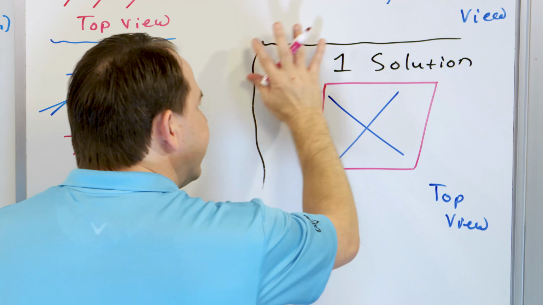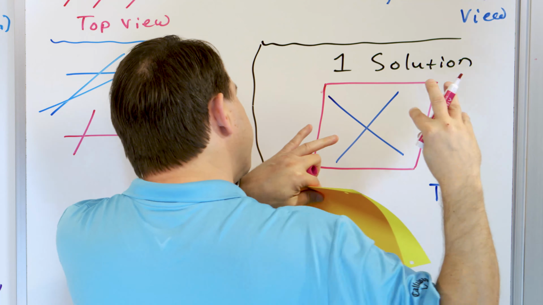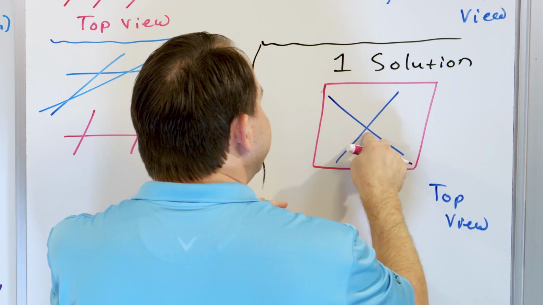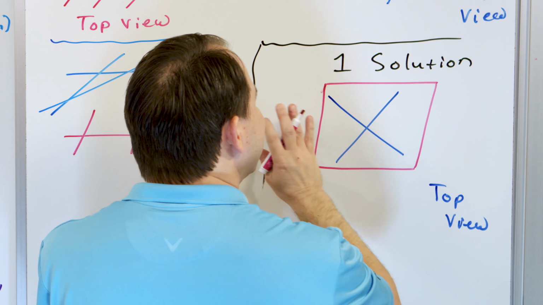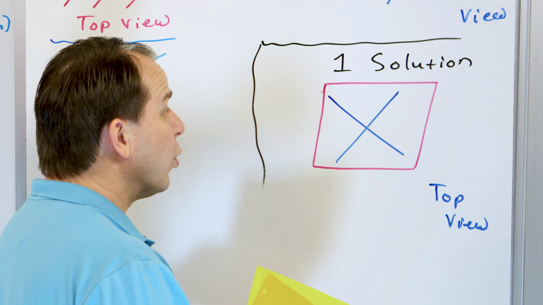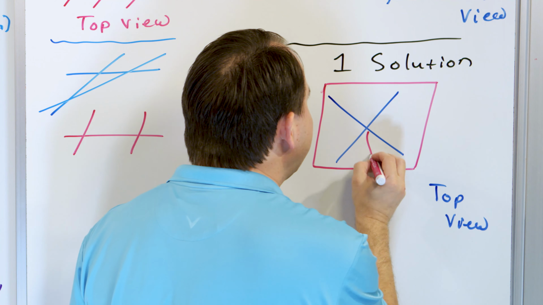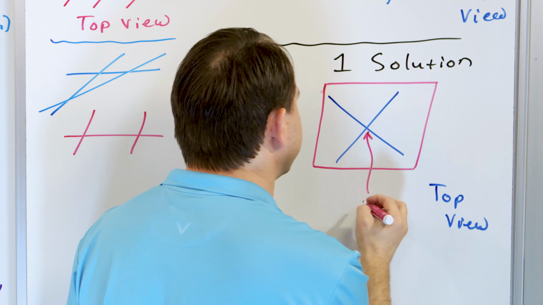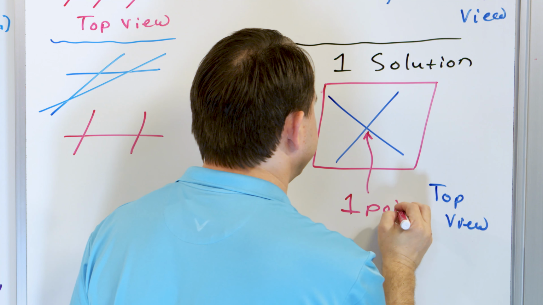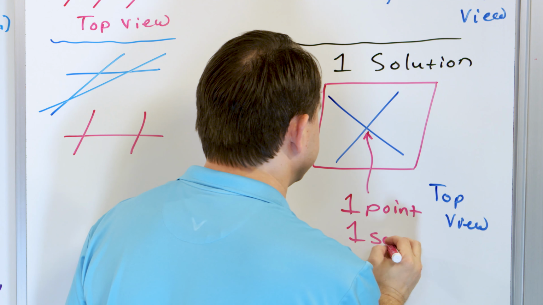So in other words, it's a flat board and you have these two planes cutting through it. So even though it would have been a line of infinite points, it cuts through the board. And so there's really only one point right here in the center where everything crisscrosses and the other one cuts through one point. One solution.